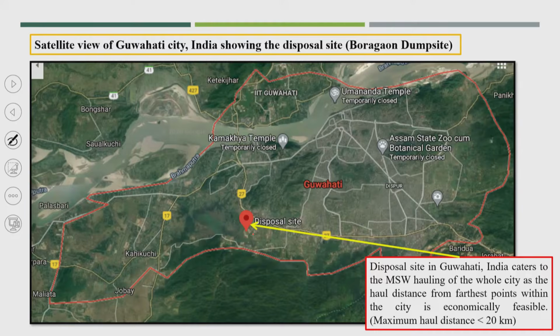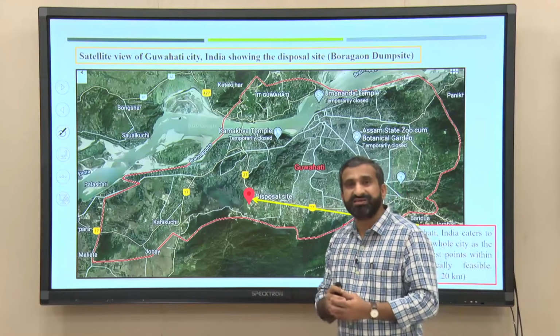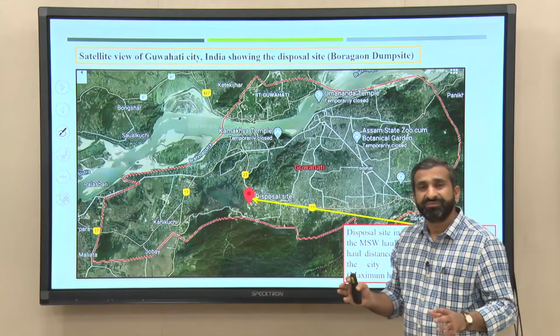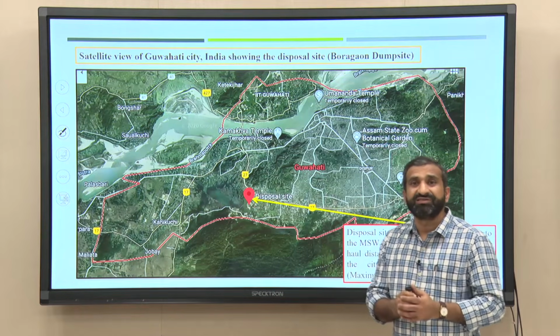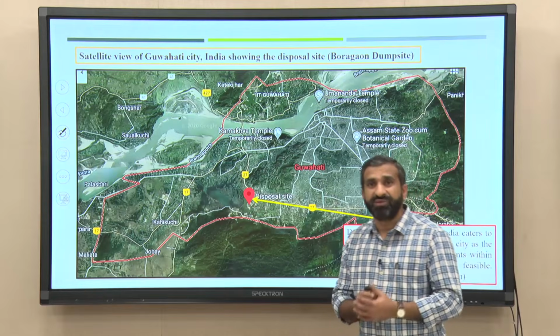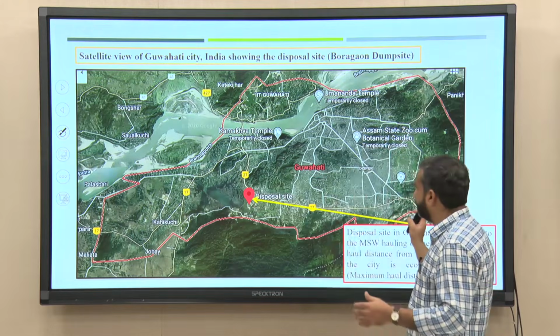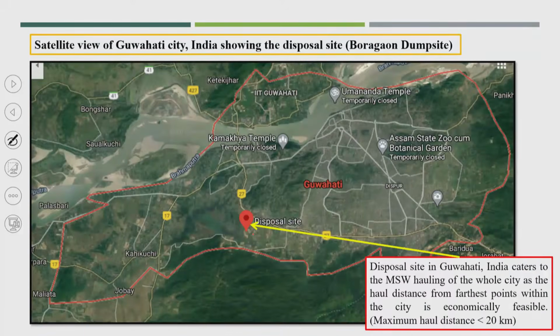Now recently, the stationary container system has been started again, as a mechanical stationary container system with compactor vehicles. So, the collection cost is not very high, because the haul distance is a maximum of 20 kilometers from the different corners to the disposal site.